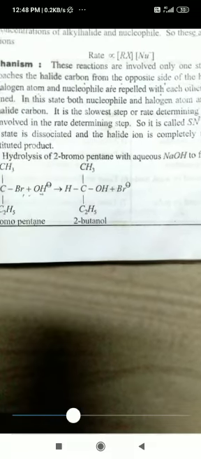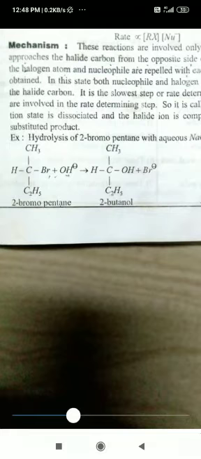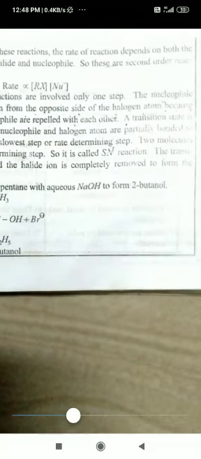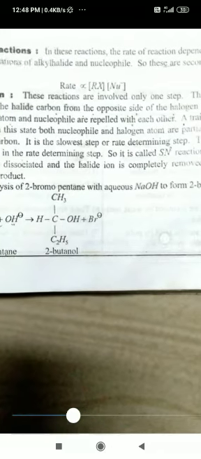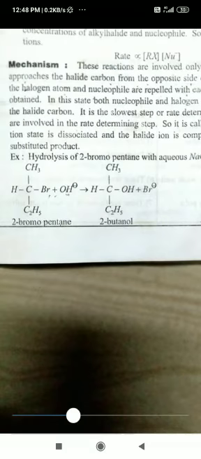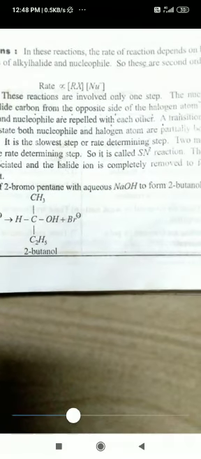The nucleophile approaches the halide carbon from the opposite side of the halogen atom because the halogen atom and the nucleophile repel each other.